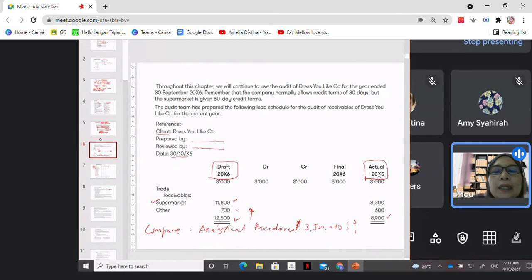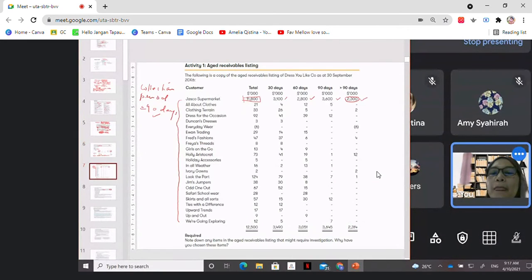The company for the year ended, remember, normally allows credit terms of 30 days, but the supermarket is given 60 days credit term. So if the collection period is normally more than 60 days, this is considered not a good collection period.